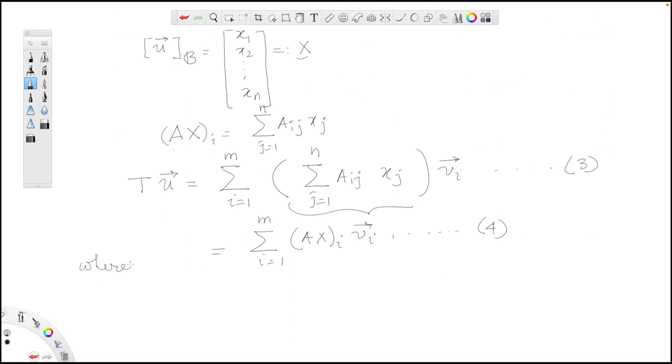where (Ax)_i is the ith row of the m times 1 matrix Ax. That we have discussed earlier, right? So in our notation, x is the coordinate matrix of the vector u relative to the basis B, and we have seen that.